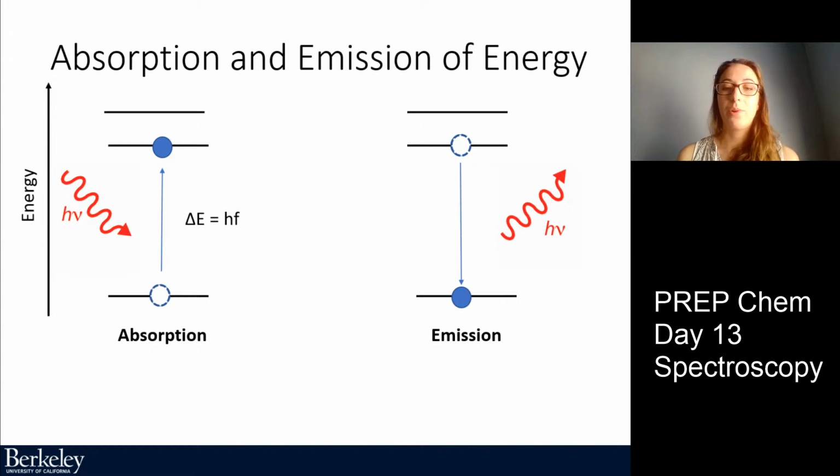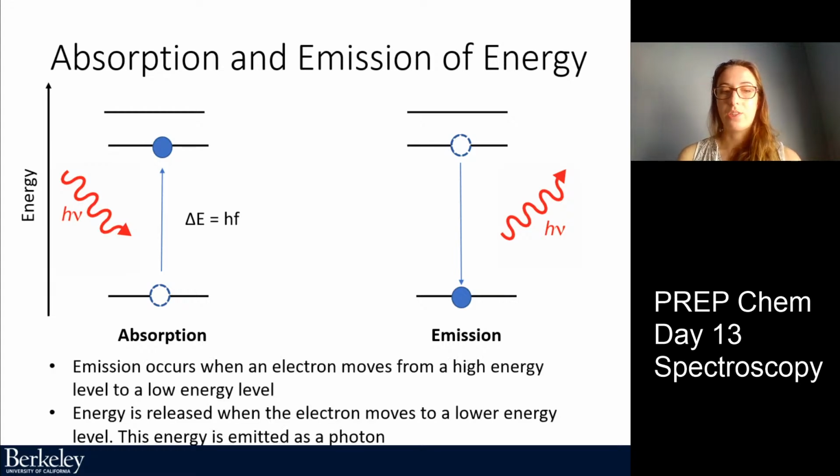And this photon would have some given frequency that's related to the energy released during this emission. So just to summarize, emission occurs when an electron moves from a high energy level to a low energy level. And then energy is released when the electron moves to a lower energy level. And then this energy is emitted as a photon, right? Because we know that energy must be conserved.